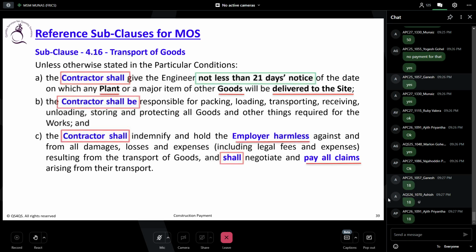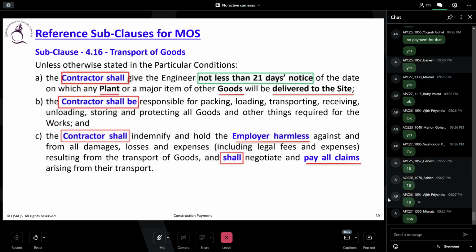Now, let's say you are transporting the paint. Unfortunately, the paint bucket is broken and the road got the color. Now, removing this paint from the public road, who's responsible? Contractor or employer? What are you all thinking?